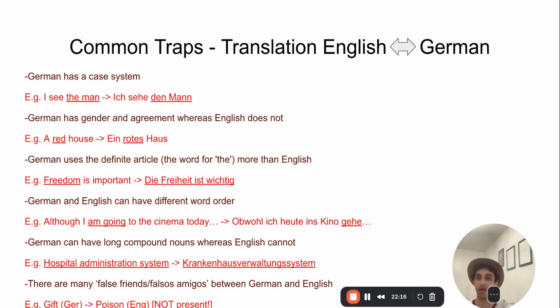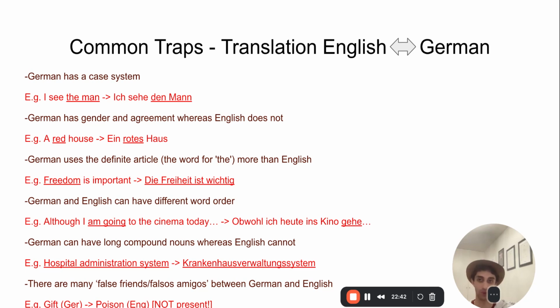But in German, the man there, which is the direct object of the sentence, the person being seen, rather than doing the seeing, that would go in the accusative. Yeah, so "ich sehe den Mann". If the man was seeing somebody else or something else, that would be in the nominative case instead, "der Mann". So these differences, yeah, make German grammar more complex than English, and it's really important to be aware of them.